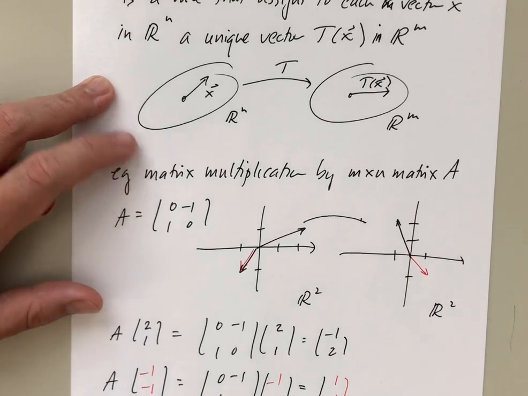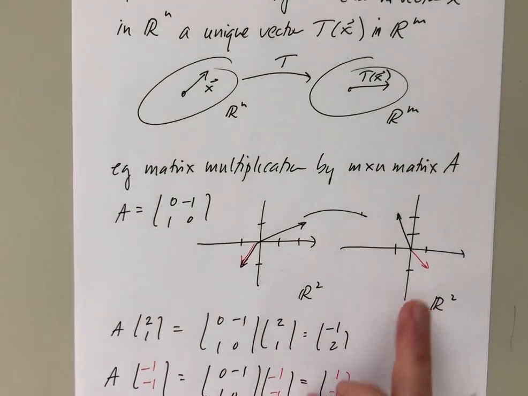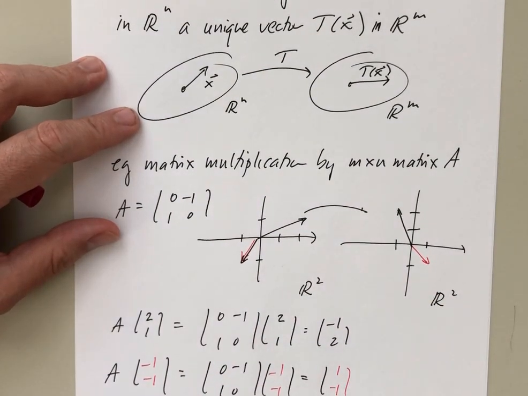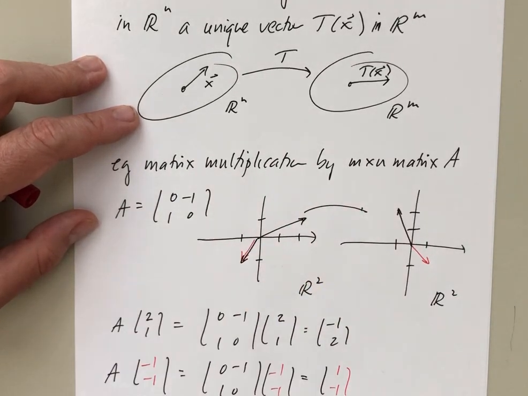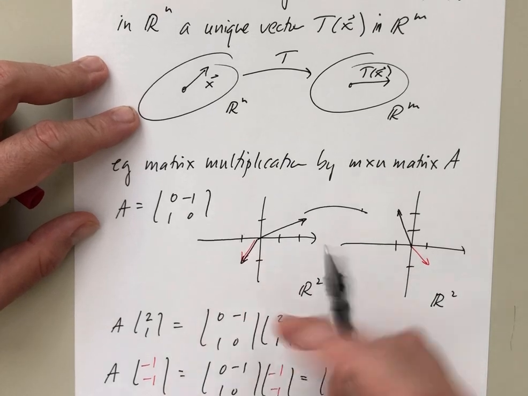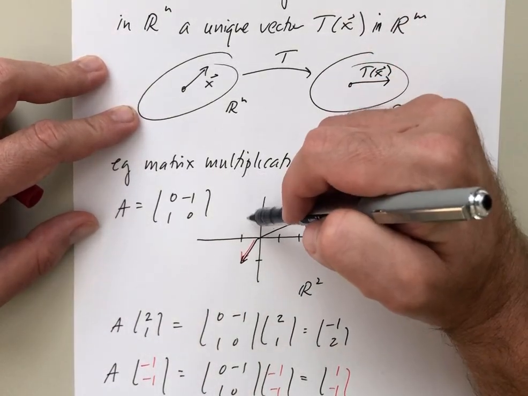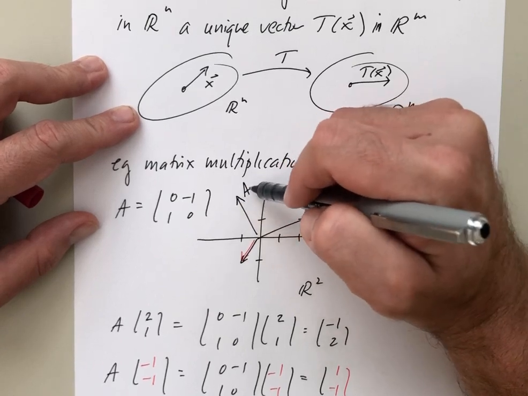Okay, so in general, we're taking a vector from Rn to Rm, so we have to have these two different worlds. Often if you have a square matrix, that means you're moving from the same dimension to the same dimension. You can actually draw it on the same picture. So if this was x, we saw that T of x, or A times x, was this here. This was Ax.